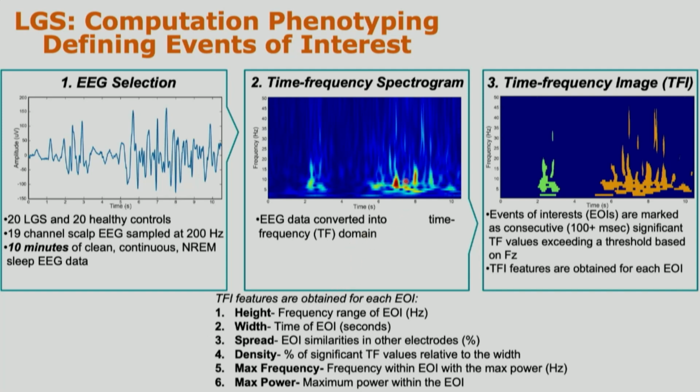We look at the height of these blocks of features. We look at how long, or the width, these features last, how many electrodes are involved with these features, the density, meaning how many values are present across all frequencies relative to the width, and other things.